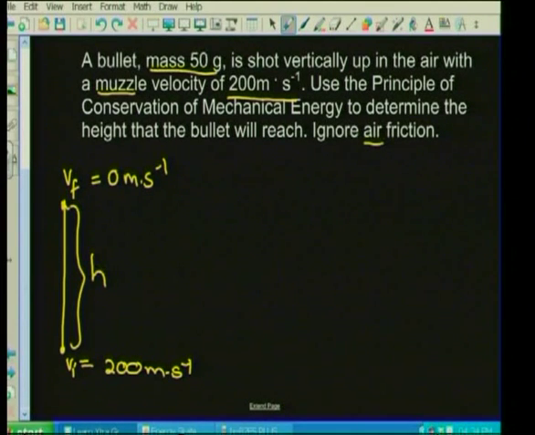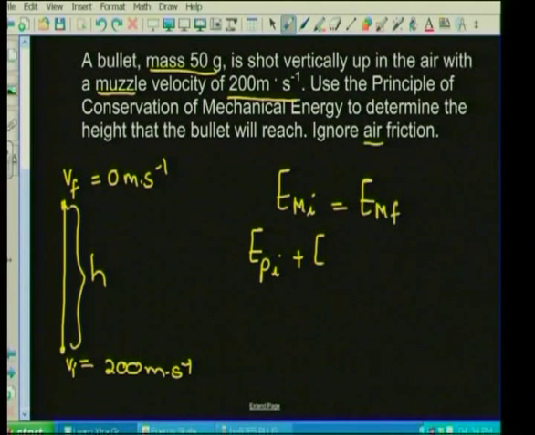We're going to go, well, we know that the mechanical energy initially, or at point 1, let's call it initial, is equal to the mechanical energy when it gets to its final position. That mechanical energy means that I'm going to take initial potential plus initial kinetic, which is then equal to final potential plus final kinetic.